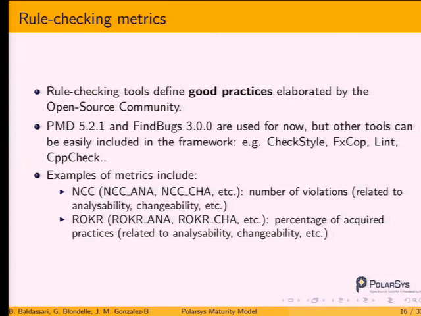So we have the number of violations for each of the quality attributes. Another interesting metric is the number of acquired practices. That is, when a rule has never been violated in the product, then we can say that the project has acquired this practice. They never do that. So that's interesting as well.